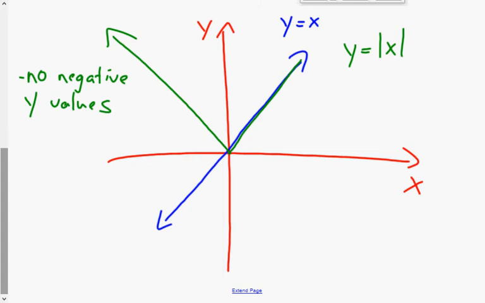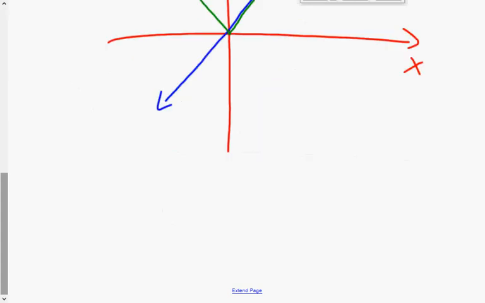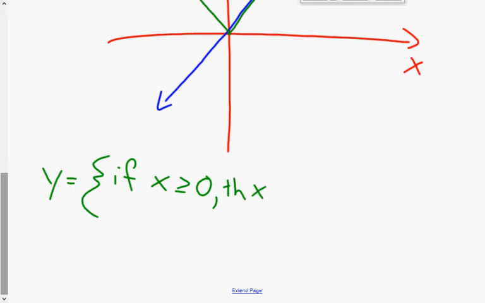So now if we go back, remember the definition of an absolute value that I gave you yesterday? If x is greater than or equal to 0, so if x is positive, then remember we just said, it's just x, right?